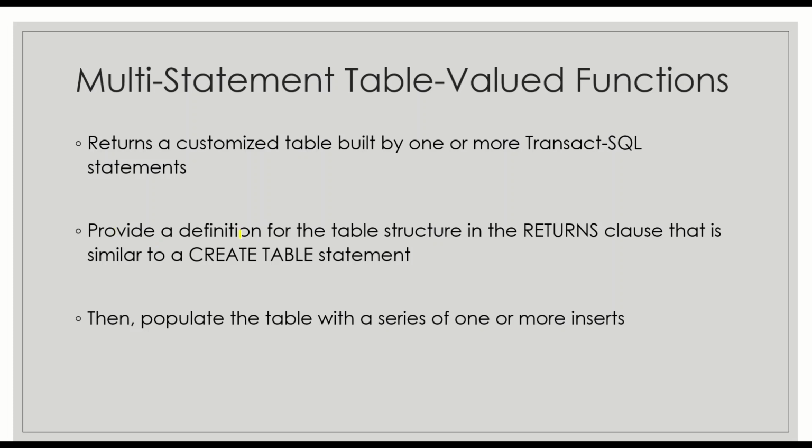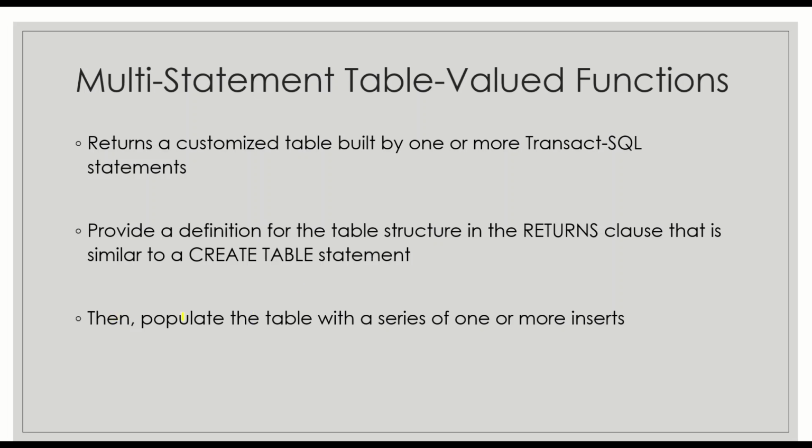So what we do is we provide a definition for the table structure in the returns clause that is similar to a create table statement. We write the code that generates the table, not just the select statement that pulls from something that already exists. Instead, we're specifying every column and its data type, kind of like creating a table on the fly.